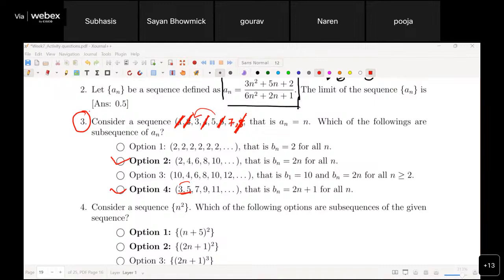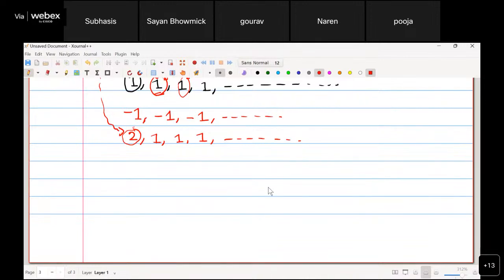Can it just be a subset and not follow any formula or definition for n? Certainly you can do that, right?